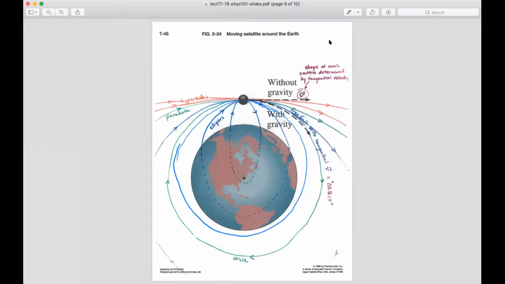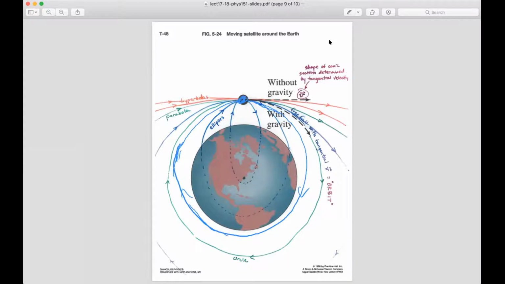So that would be an elliptical orbit. If we launch that cannonball with a speed that's less than 18,000 miles an hour, the tower is still tall enough that the cannonball doesn't quite hit the ground, right? It gets close to the ground, but then it'll come back out.